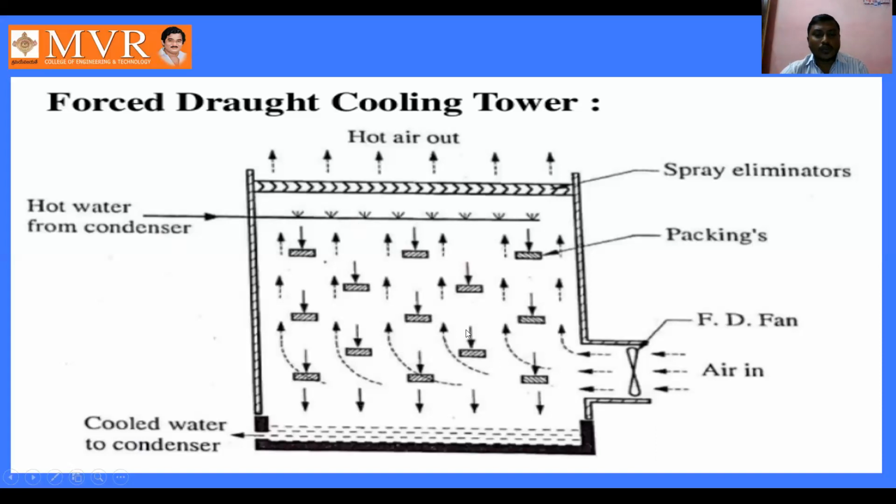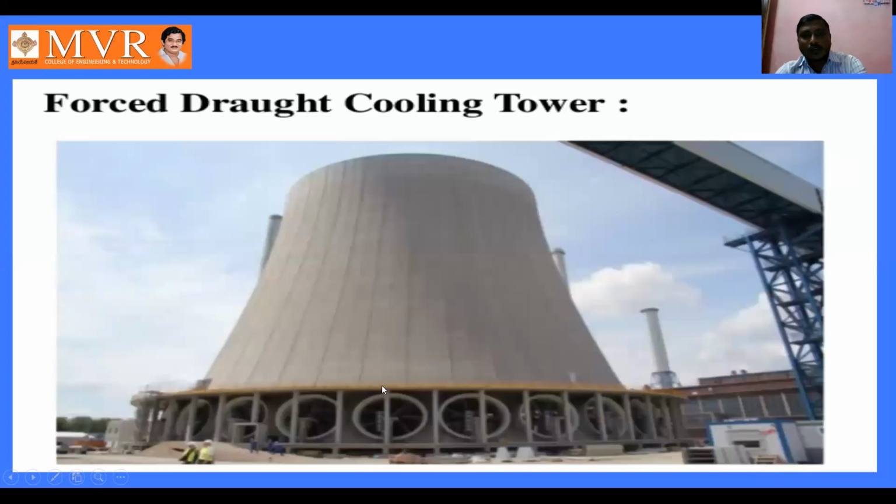When the air is moving upward, due to the convection process, the heat which is in the feed water is collected by this air, and this air enters the atmosphere. The remaining water is collected in the collecting tank, and it is sent to the condenser again for recirculation purposes. This is the forced draft cooling tower.